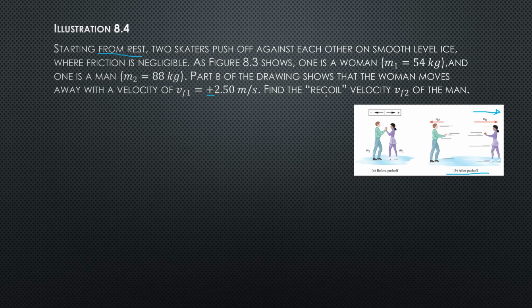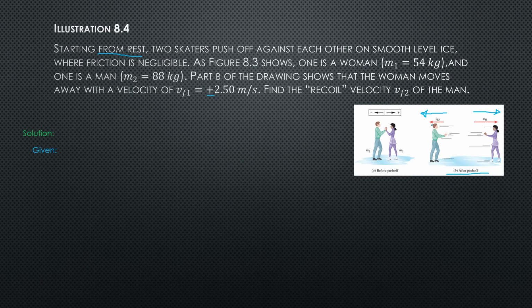Find the recoil velocity, the final velocity of the man after push off. As you can see from its direction, the final velocity of the man is to the left, so the value that we'll be getting here probably has a minus sign, by inspection.